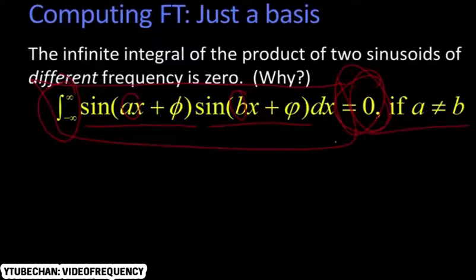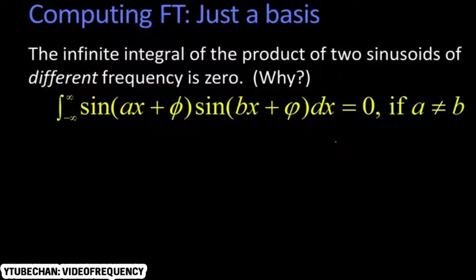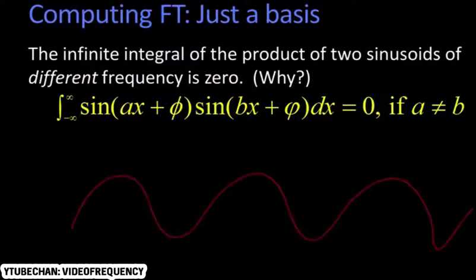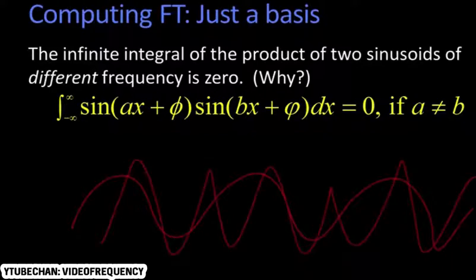Now, why is that true? Any guesses? Let's just think about this intuitively. If I have some sinusoid, and now I do one of a different frequency, essentially at some point when this is positive, I'm going to find a point where, let's pretend the red thing went down here a little bit, when the red is some positive value, the yellow is the negative of it.